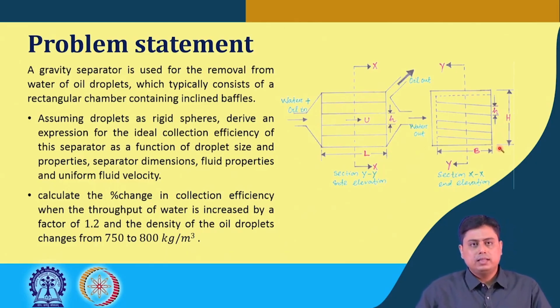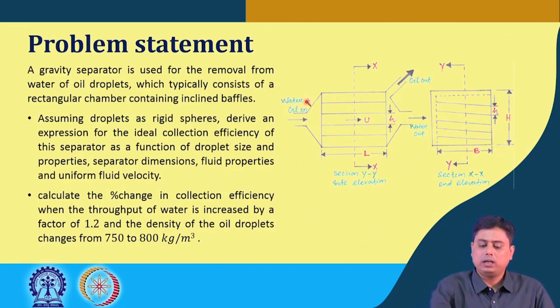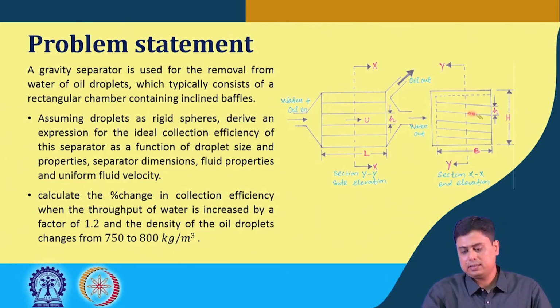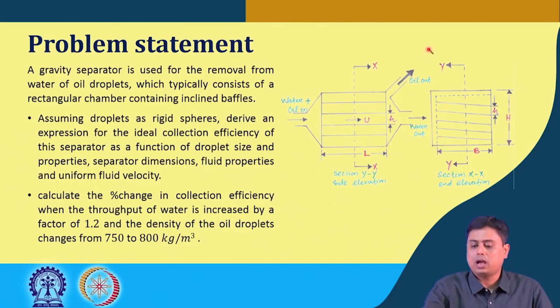In this case the oil and water come into the drum and pass through. There is a certain inclination of the baffles, and oil and water separate due to gravity. Oil, being lighter than water, goes out at the top, and water is pumped out or taken away from the other outlet.